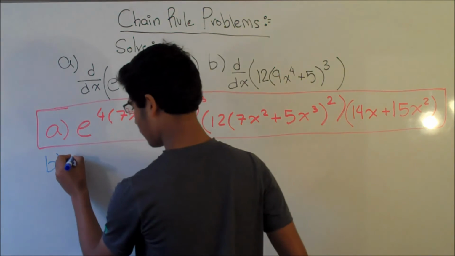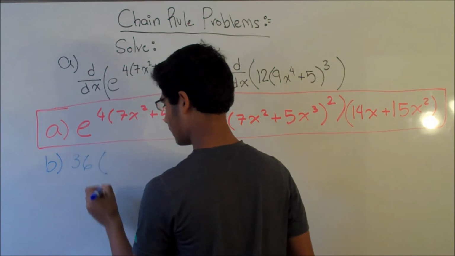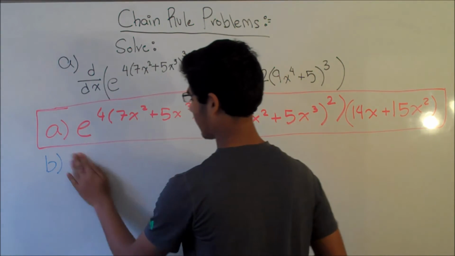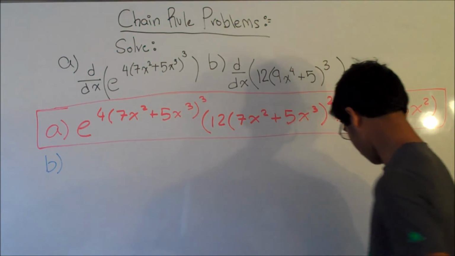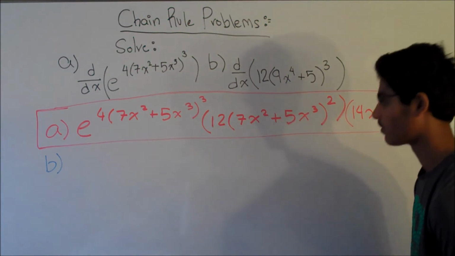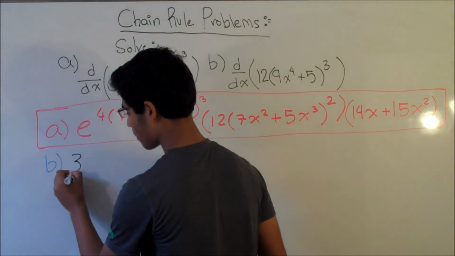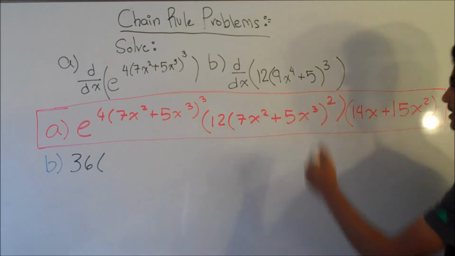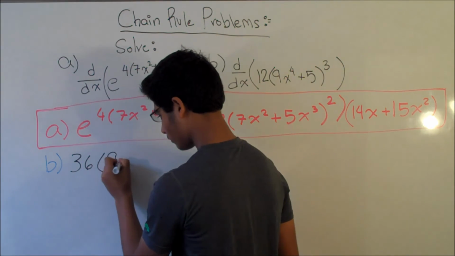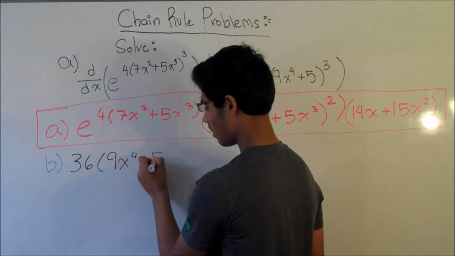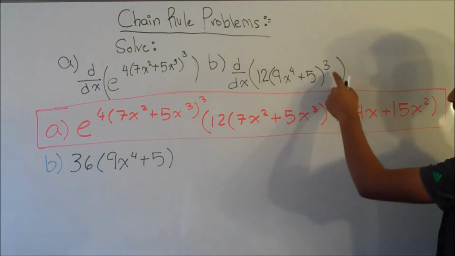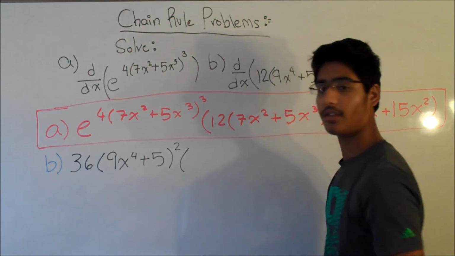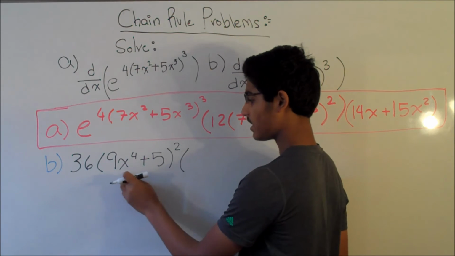So 36 times, we get 36 times x, which we know would be 9x to the 4th plus 5, squared, because the exponent decreases by 1, squared, times the derivative of the inner function, which is 9x to the 4th plus 5.